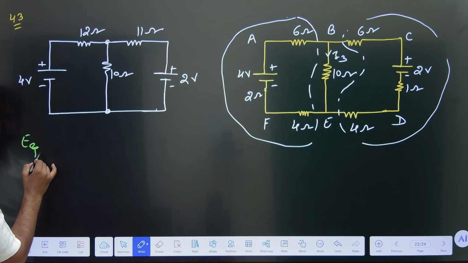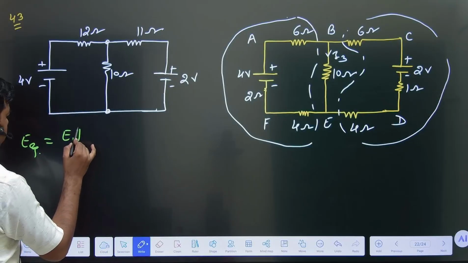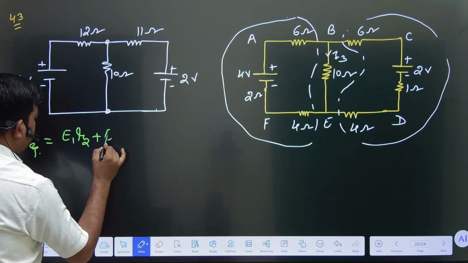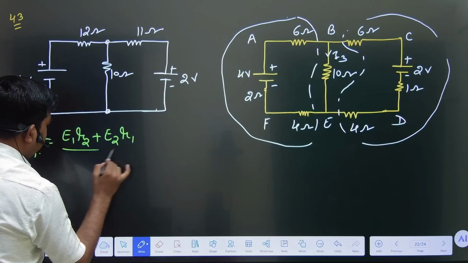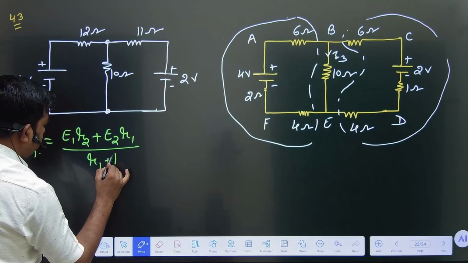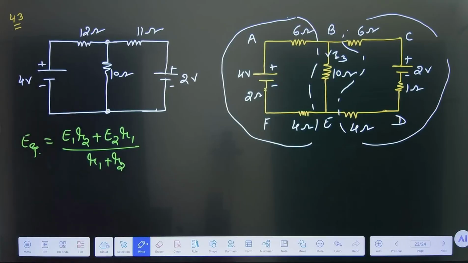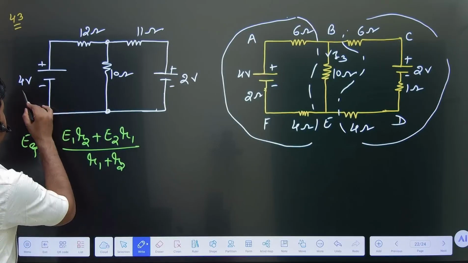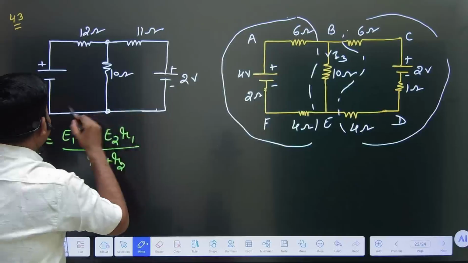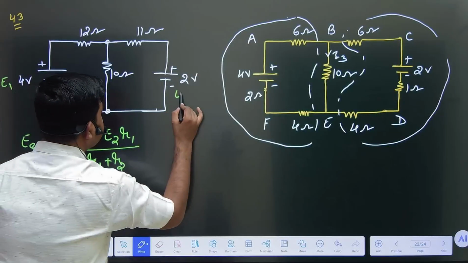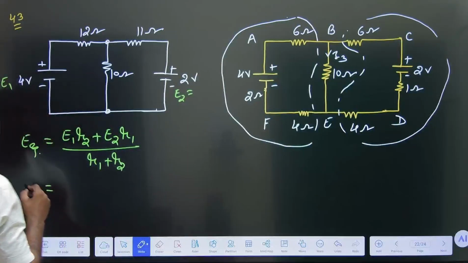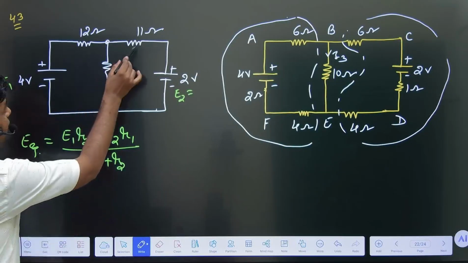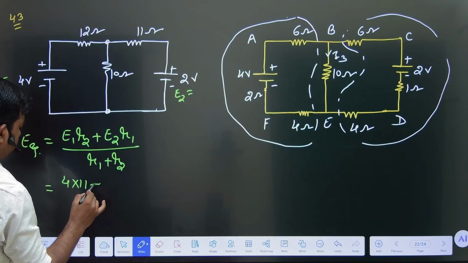E equivalent is equal to E1 R2 plus E2 R1 divided by R1 plus R2. We have to write here what is E1. Let's say this is E1 and this is E2. Clear to you? So E1 is what? 4. R2 is 11, plus E2.